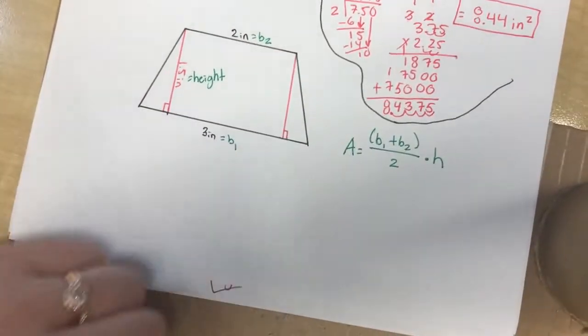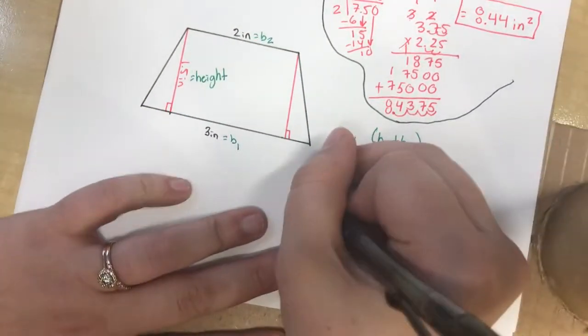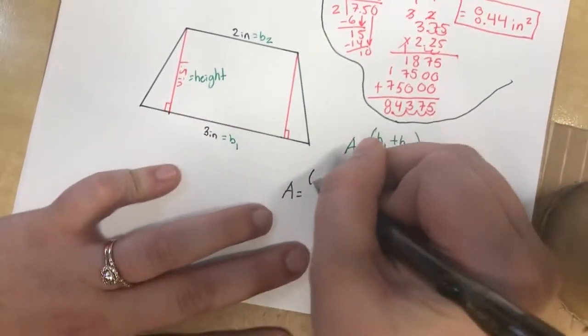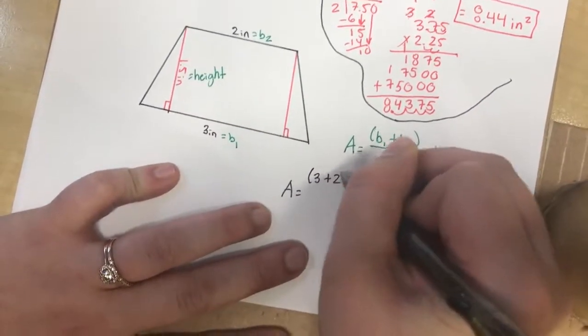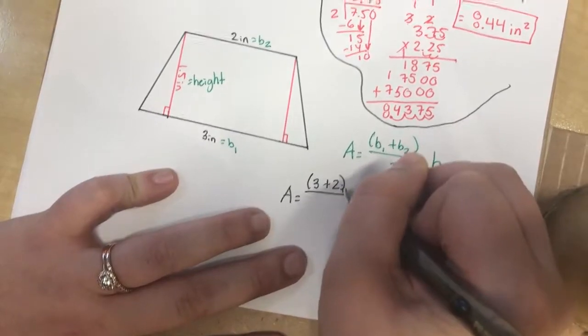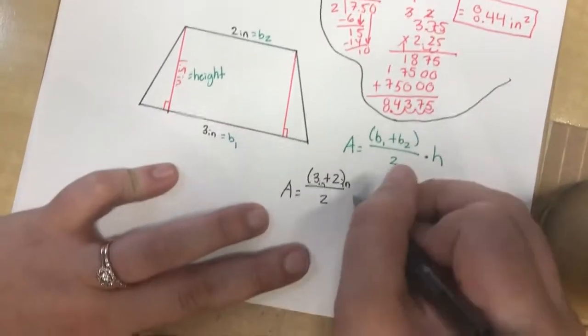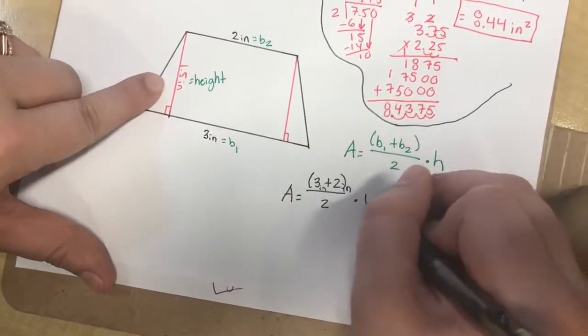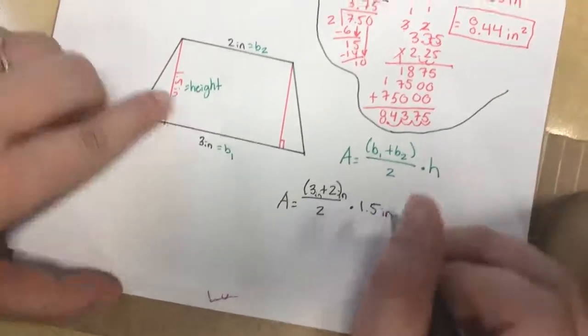So let's plug it in. We've got area equals 3 plus 2 inches, over 2 times 1.5 inches.